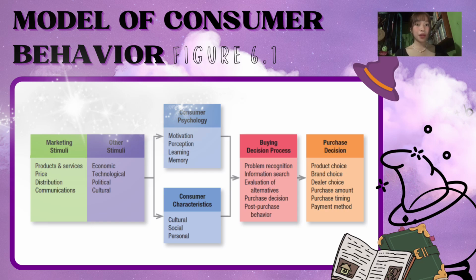The buying decision process follows several stages: recognizing a need, searching for information, evaluating alternatives, making a purchase, and post-purchase behavior, satisfaction or dissatisfaction. Finally, consumers decide on specific details such as the product, brand, where to buy it, how much to buy, and payment method. Understanding this model helps marketers create strategies that effectively meet consumer needs and influence their purchasing decisions.